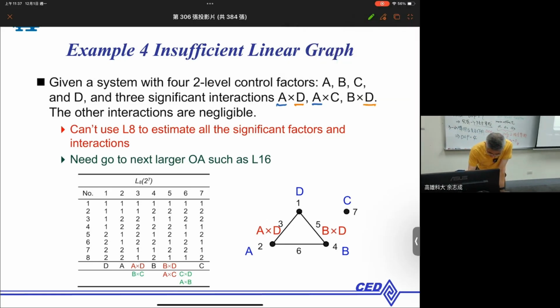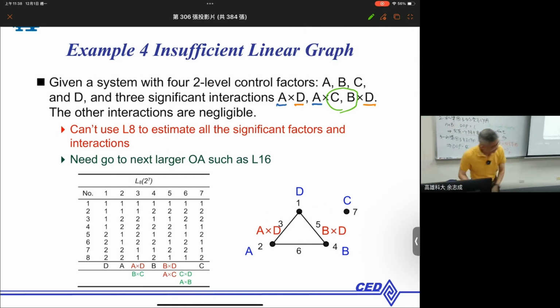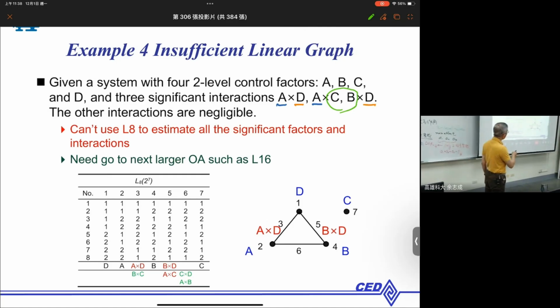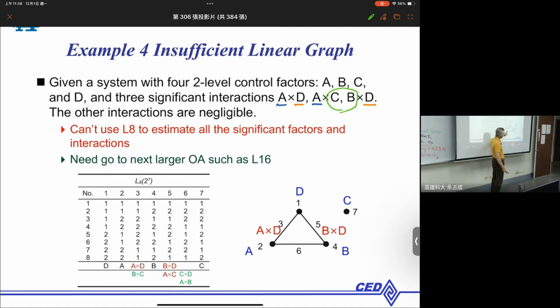Now problems. Let's try C. C has to connect with A. But the problem is A only has 2 lines.